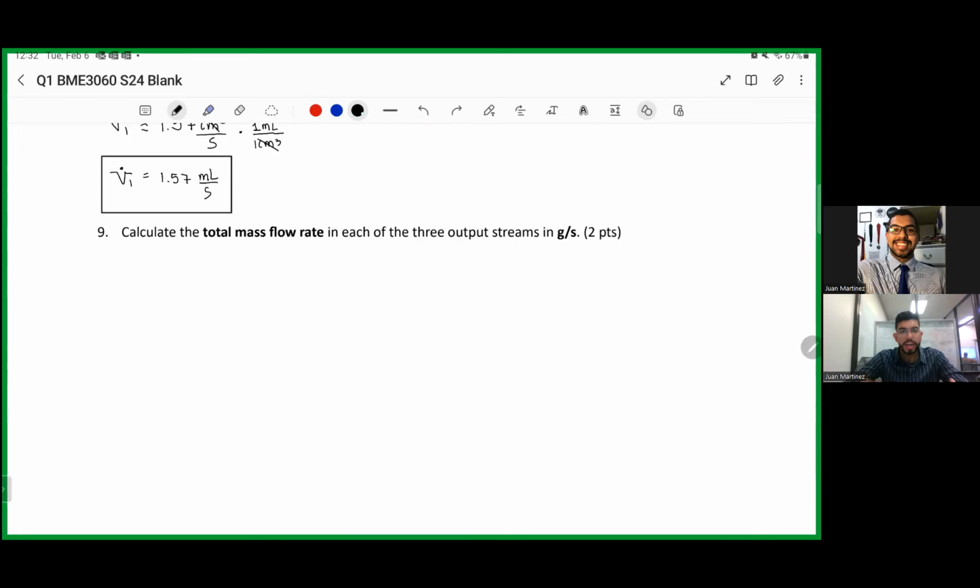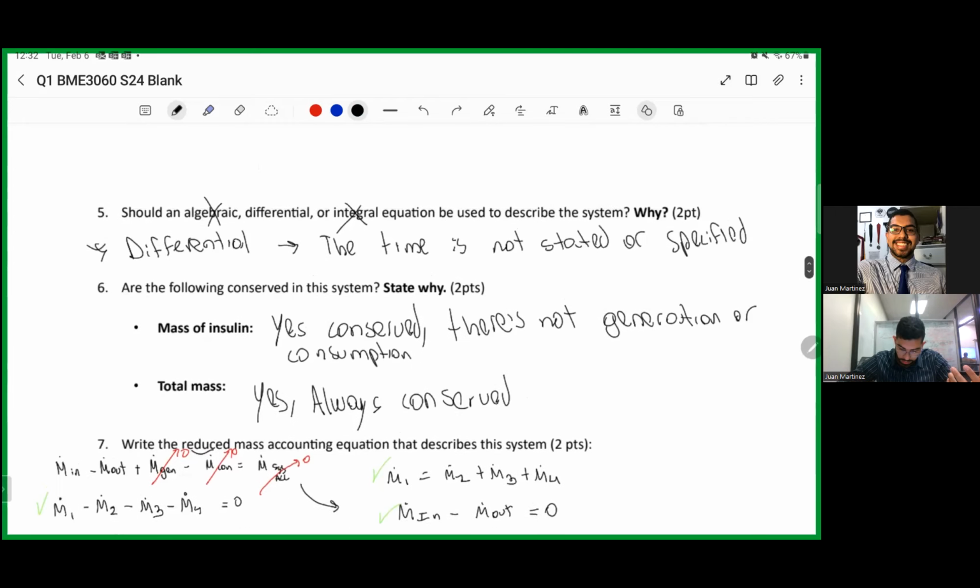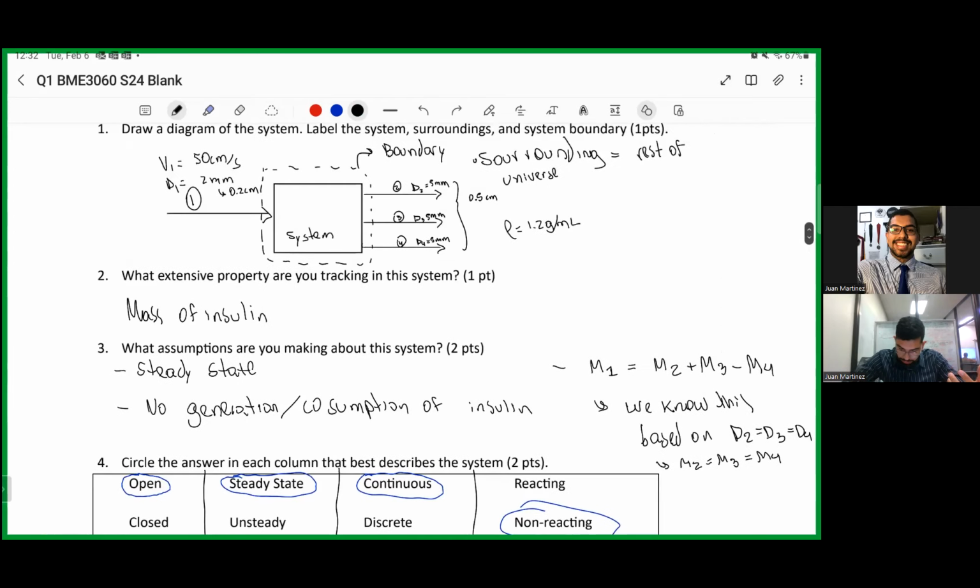We know that there's a relationship based on the conservation equations right here, that the mass coming in is equal to the mass coming out. So M1 is equal to M2 plus M3 plus M4, and we know that they're the same. So what we can do is calculate the mass flow rate of M1 and then divide that by 3, and therefore we can get the output of one stream.